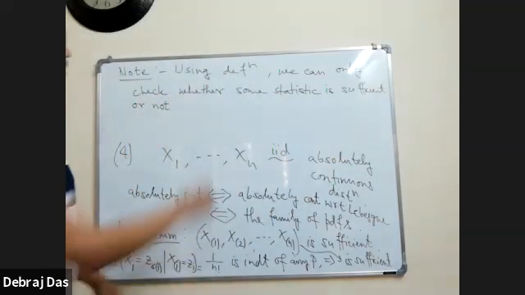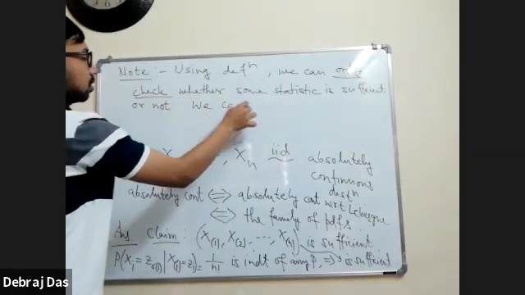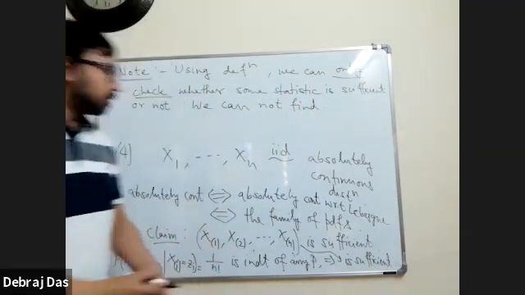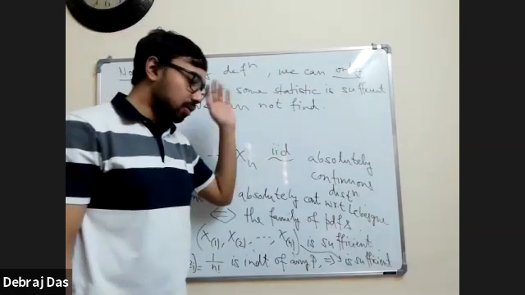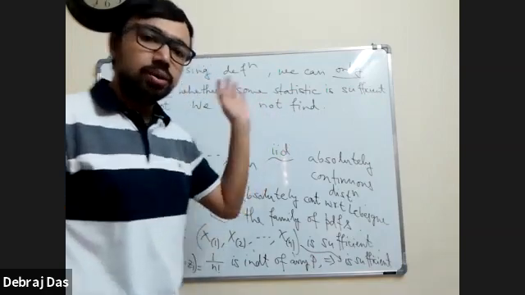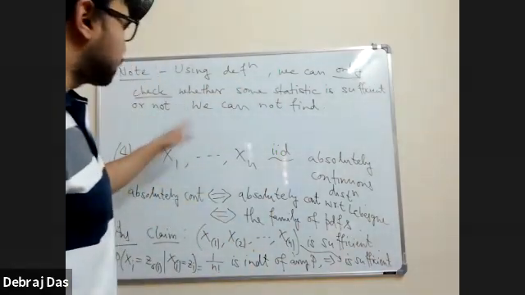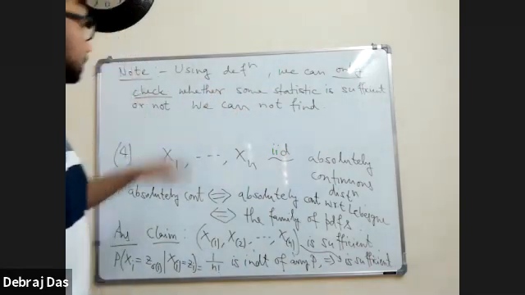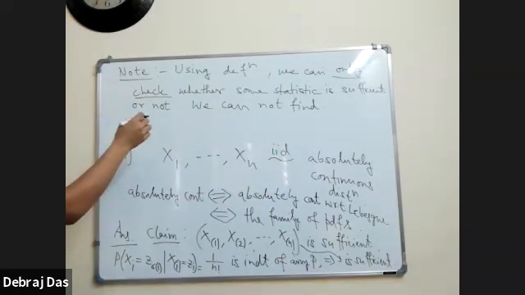We cannot find a sufficient statistic, because if you want to find it, then the definition is not useful: you have to know what statistic you are aiming at, and then you need to find the conditional distribution with respect to that statistic. That's why the definition is not useful in finding sufficient statistics, and hence comes the Neyman factorization theorem, the Neyman-Fisher factorization theorem.